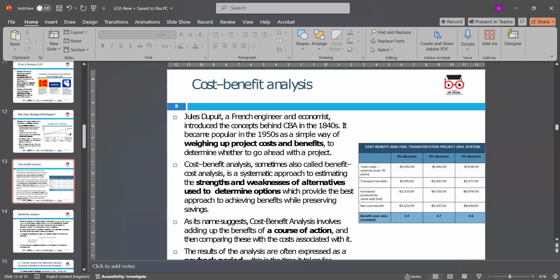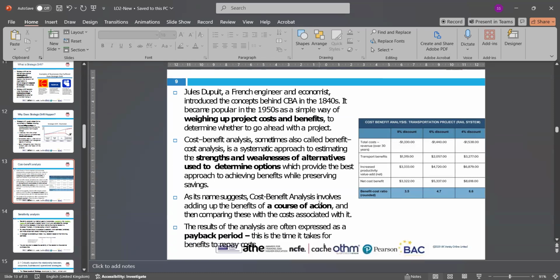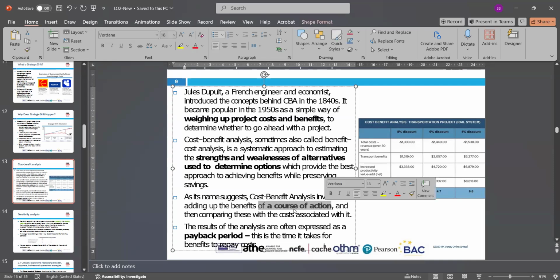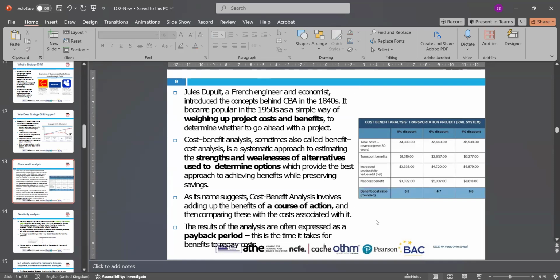When we do the cost and benefit analysis, you will be doing it for the course of action. Maybe your project is for 10 years, so you are going to calculate the cost and benefit for those 10 years. If 5 years, 2 years, you need to do the cost and benefit analysis for that certain period.